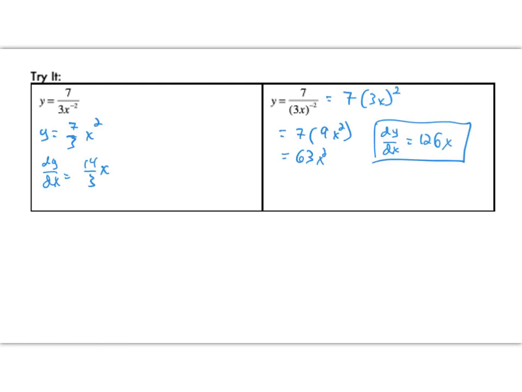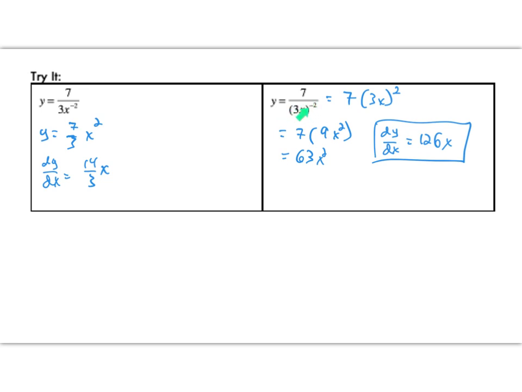All right, the second one is a little frightening here, but the first one not so bad. The only thing that's got a negative power is the x, so I move it up to ground level and separate out the constant here of 7/3. And differentiating it, not too bad. It's going to drop real fast using the power rule. Now over here, this entire set of parentheses is what had the power on it.